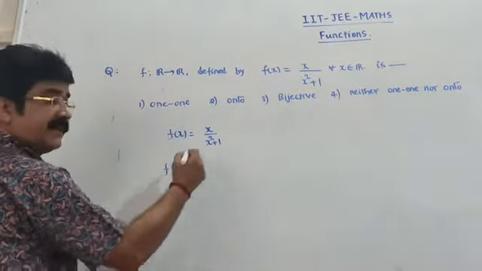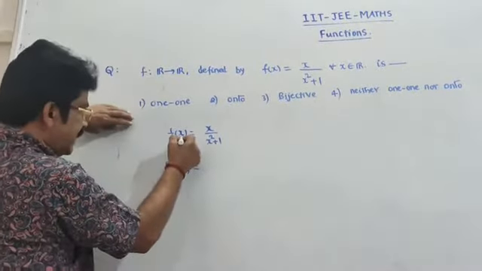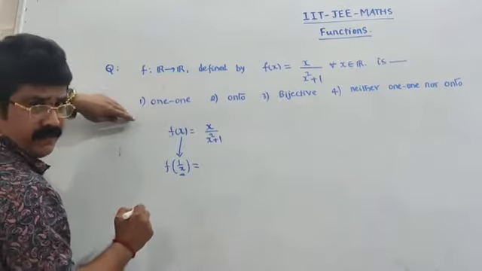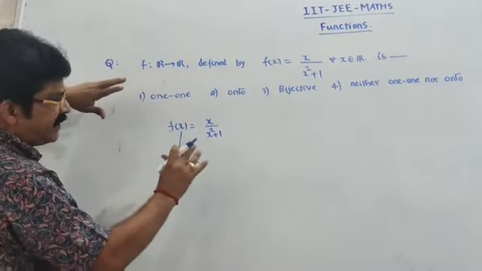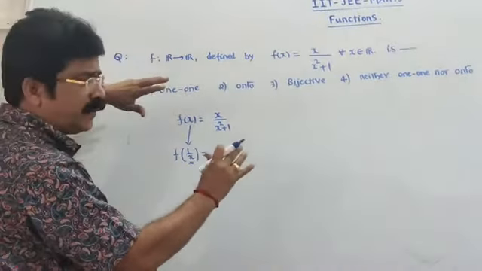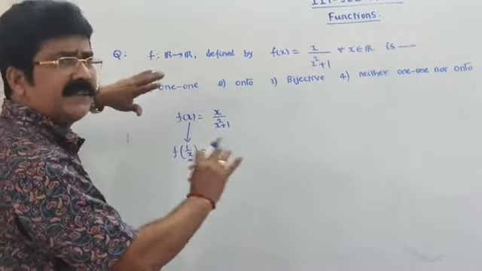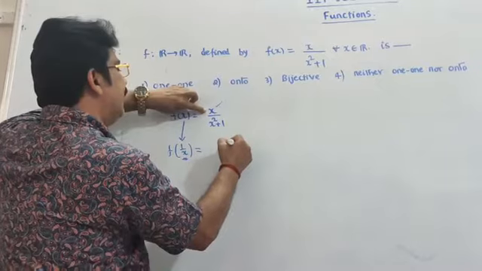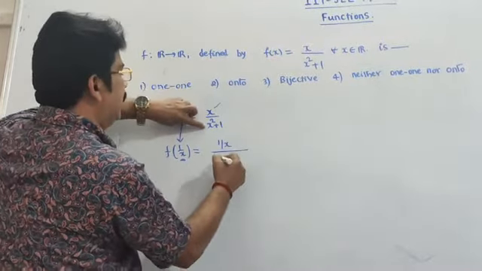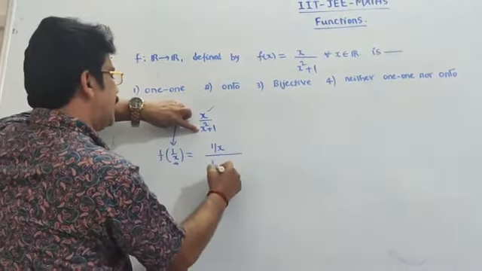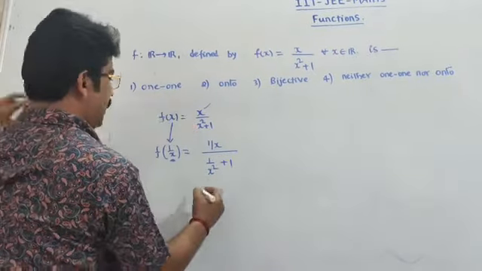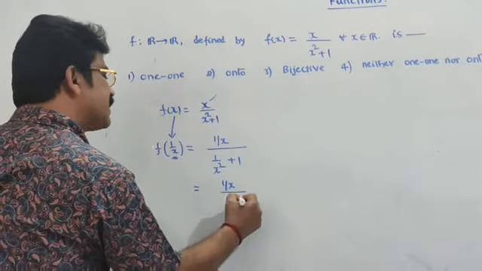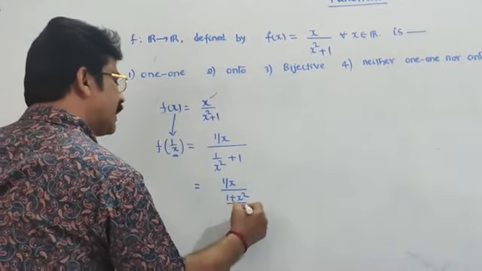F of 1 by x equal to, so instead of x write 1 by x, and remaining signs, powers, coefficients, everything is same. So instead of x, it is 1 by x divided by x square plus 1, so that is equal to 1 by x divided by (1 plus x square) whole by x square.